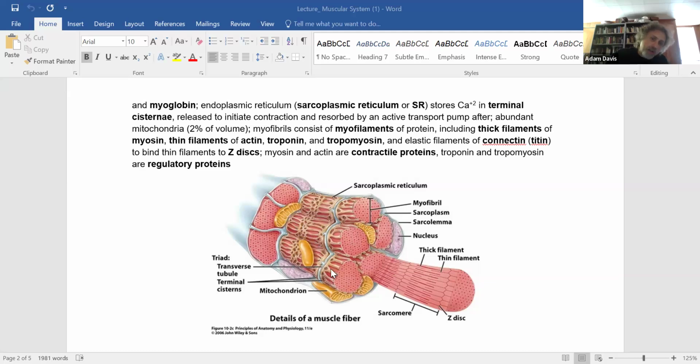These long rods of motion proteins are referred to as myofibrils, and the myofibrils are going to be really the active agents of how the muscle moves. Myofibrils are assemblages of motion proteins, bundles of motion proteins that fill up most of the space inside the muscle fiber.